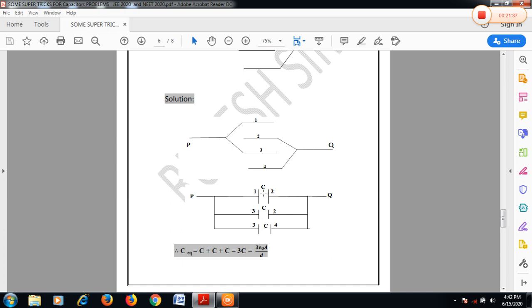Since they are in parallel, the equivalent capacitance across the points P and Q is C plus C plus C, that is 3C, which is 3 epsilon naught A by D.